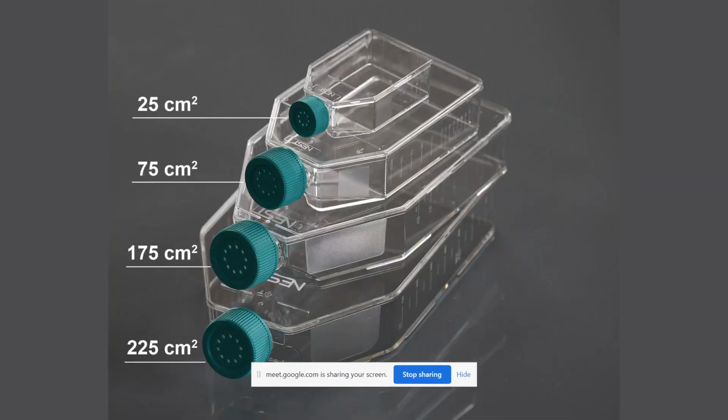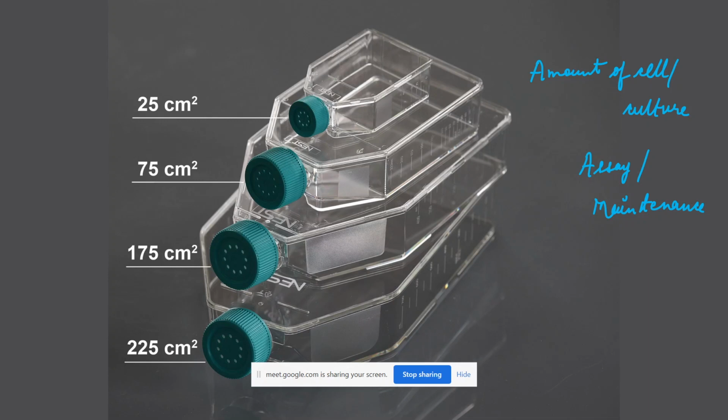As I mentioned earlier, different kinds of T flasks have different kinds of area, and depending on the kind of culture or the amount of cells or culture we need for our assay or for maintenance, we can choose from these different kinds of flasks which have different area.